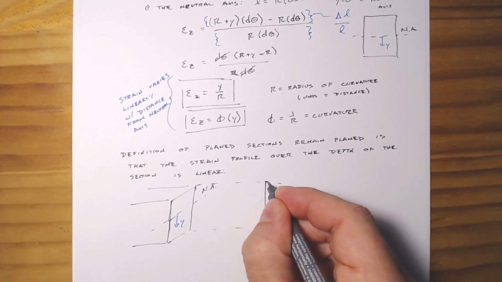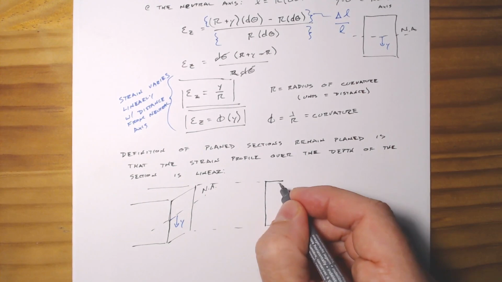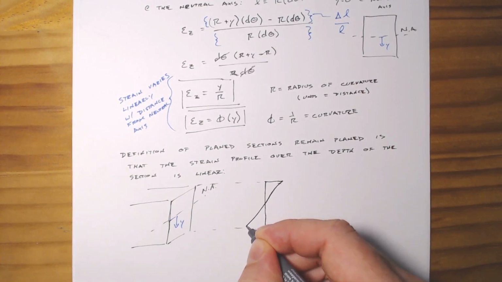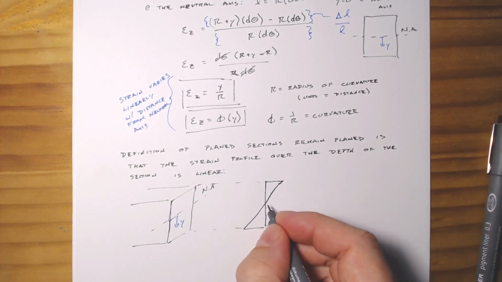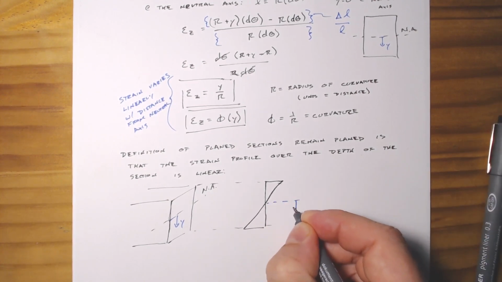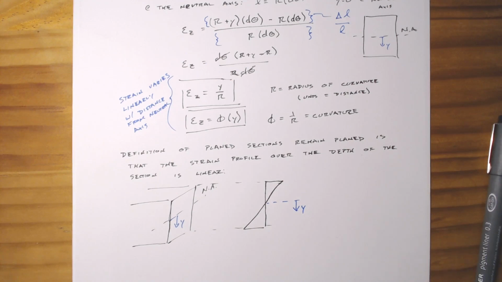It means that if we're to plot what the strain is, it'd simply be a straight line where y is coming down.